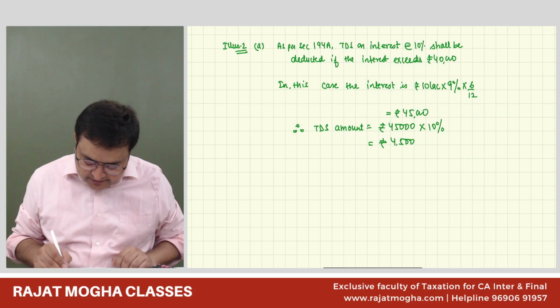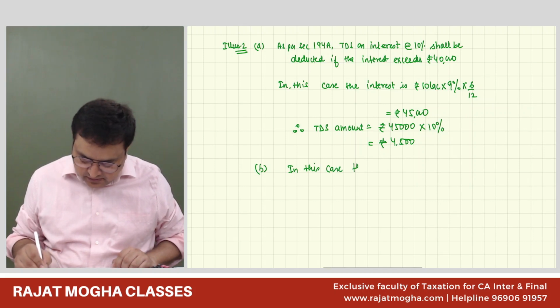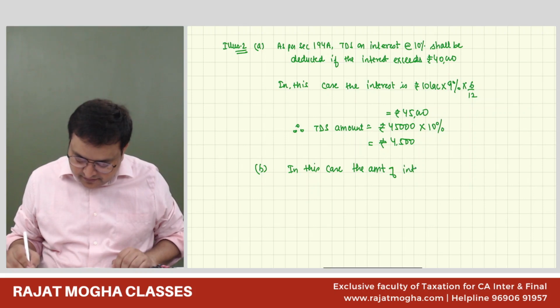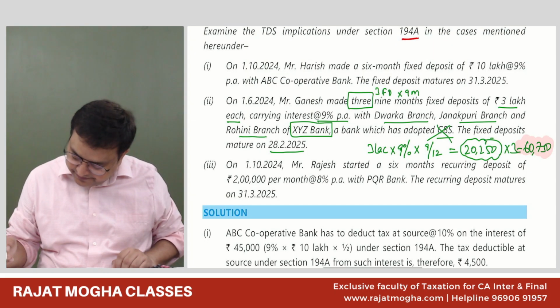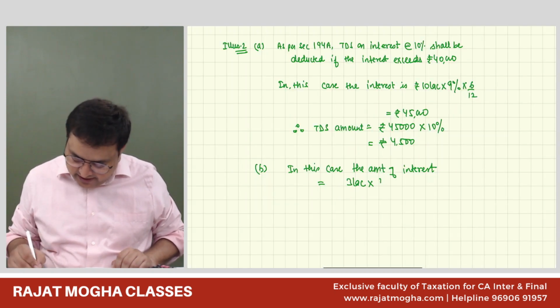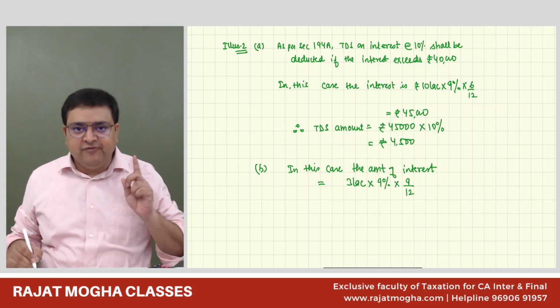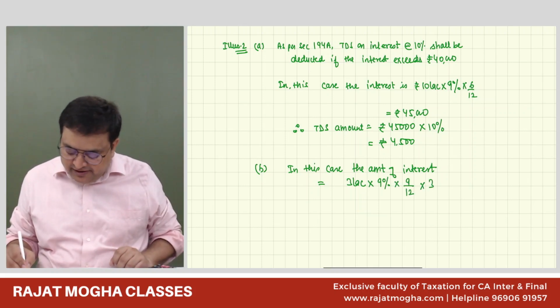Now in the B part, in this case, the amount of interest is 3 lakh into 9% per annum into 9 months, from one FD into three FDs.